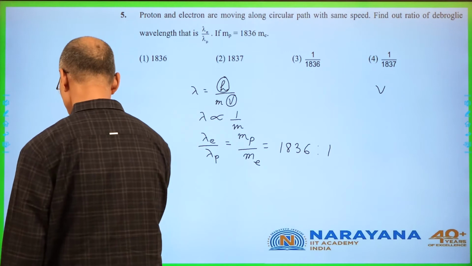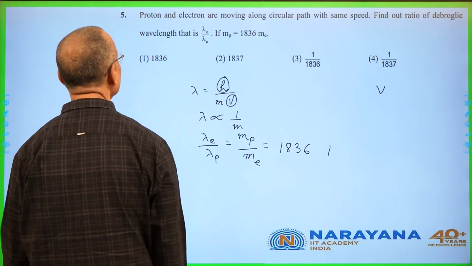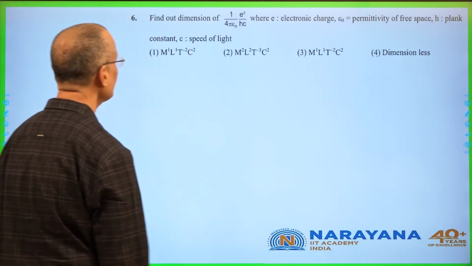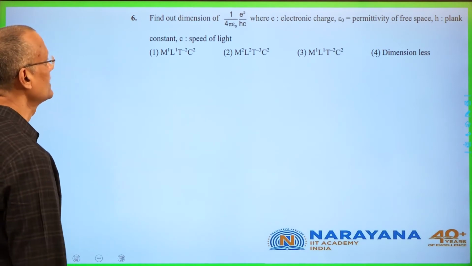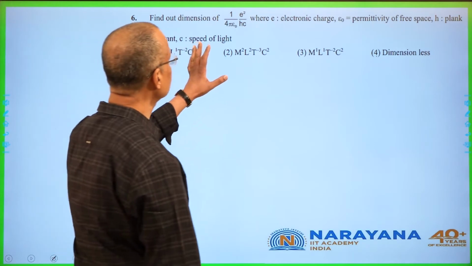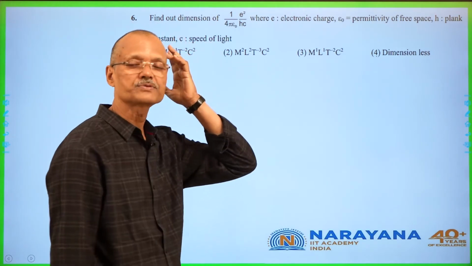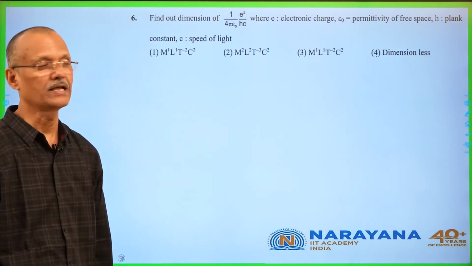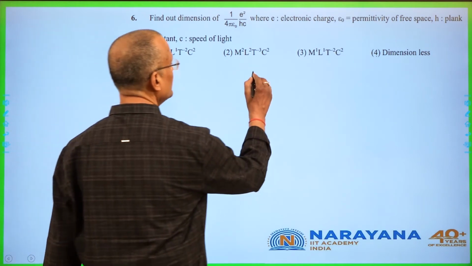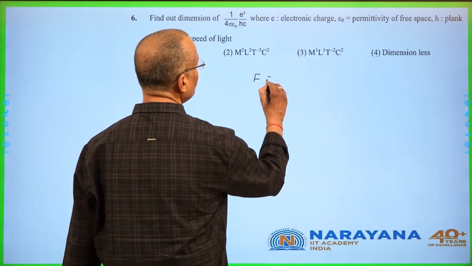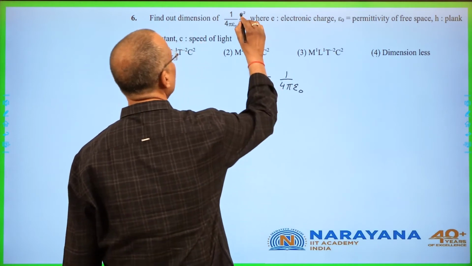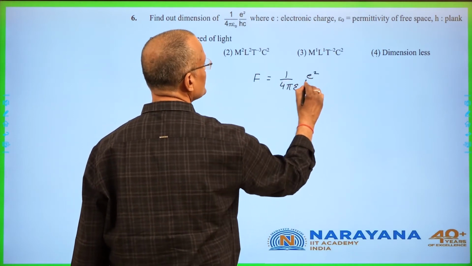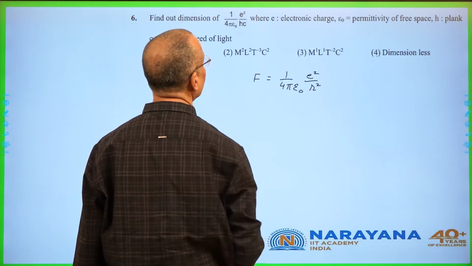Let us now move to question number 6. It is slightly tricky but easy. Find out dimensions of 1 by 4 pi epsilon naught e square by hc. You know that from Coulomb's law, F equals 1 by 4 pi epsilon naught q square, that is e square, by r square.